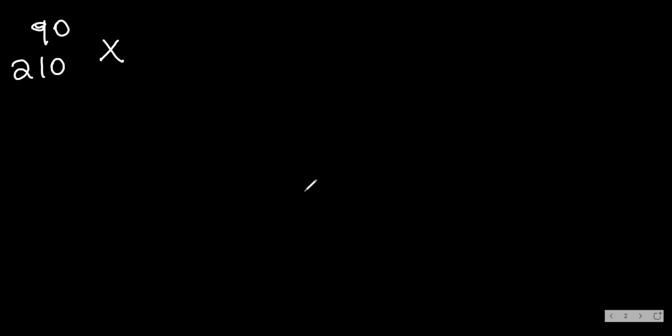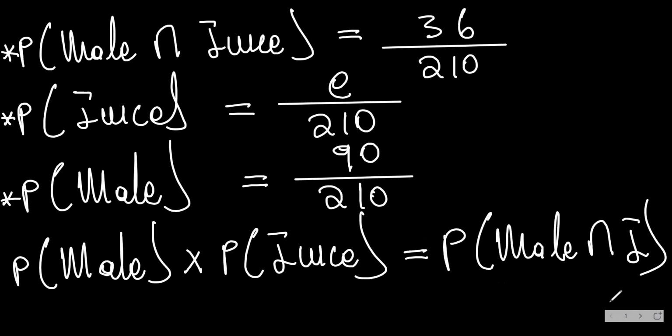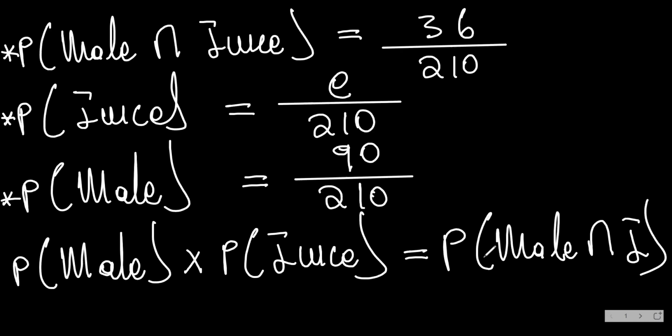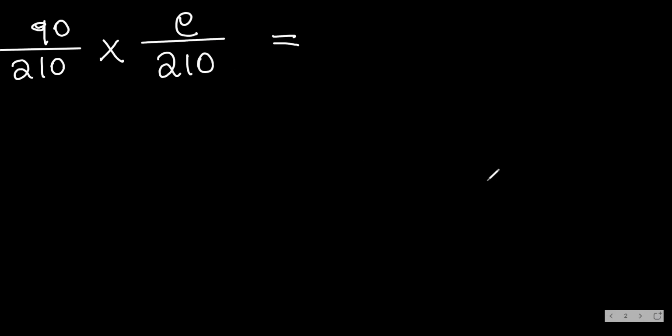And we times this by the probability that the learner prefers juice. We've got E learners who prefer juice out of a total of 210. Then we equate this to the probability that the learner is male and prefers juice, and that will be 36 out of 210.